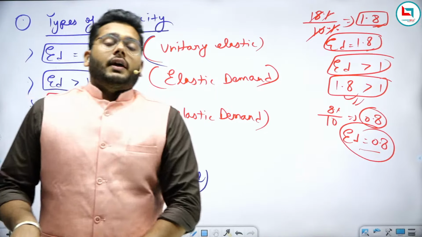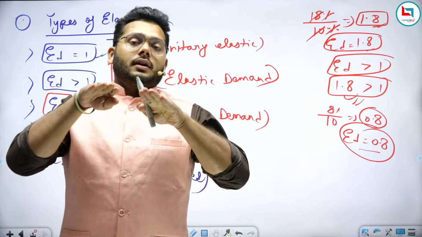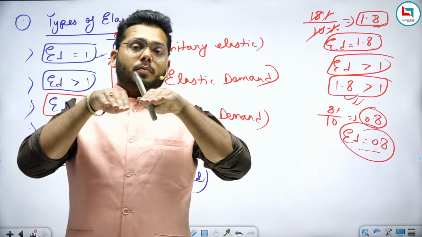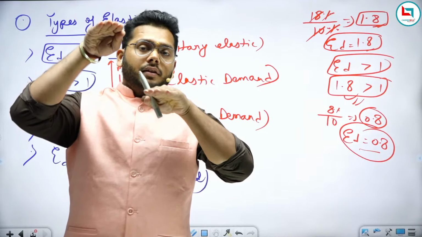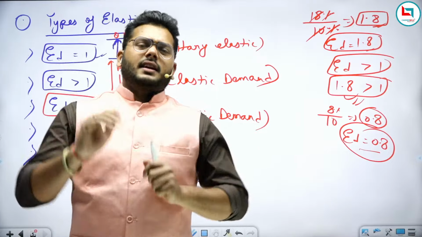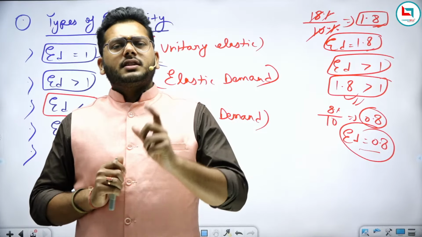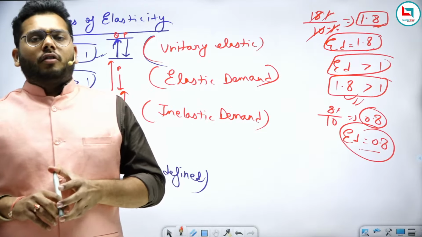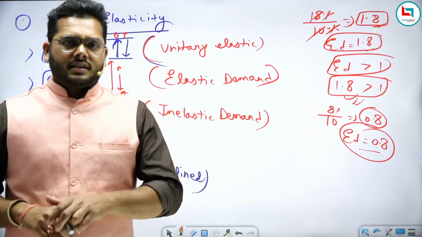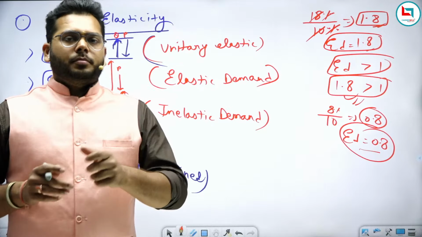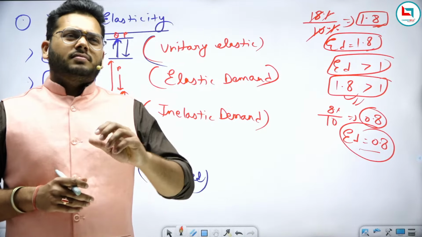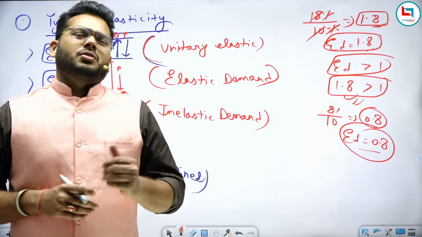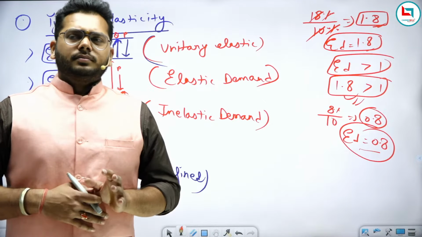So we can define here, if the change in the price is more and comparatively the change in demand is less, let's say there is a change in the price of rice from 10 to 12 per kg, your demand does not change very much. You are just fine with this.